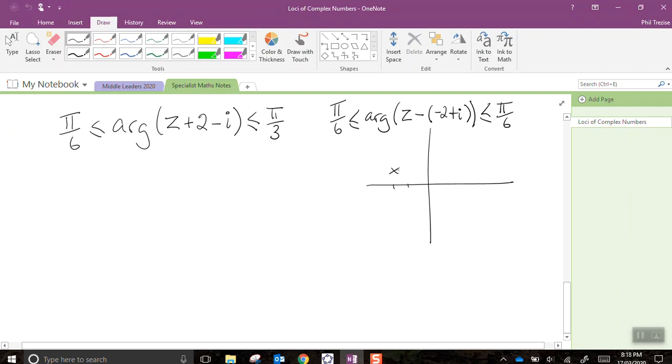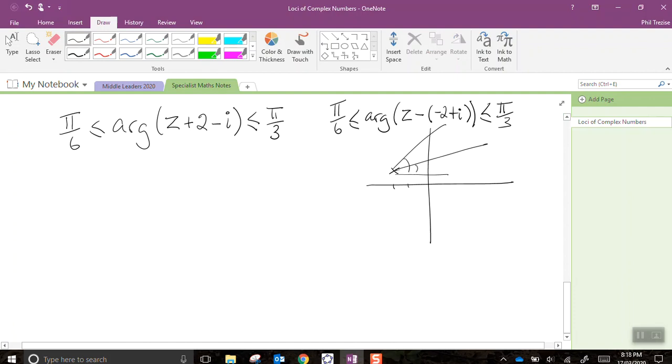Well, that would be moving off like this, with an angle pi over 6 here. And where is, beg your pardon, that one was supposed to be pi over 3. No wonder it didn't make sense. So pi over 6 would be there, pi over 3 would be further up.